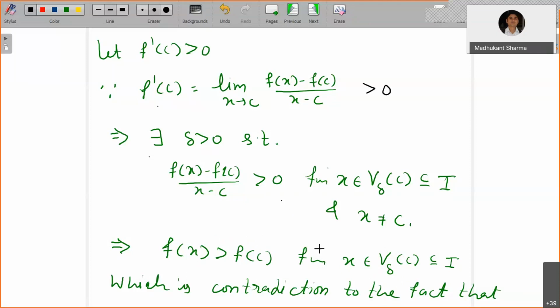So this contradicts the fact that f of c is a relative maximum. f of c lies below f of x to the right of it, so that is no more a relative maximum.